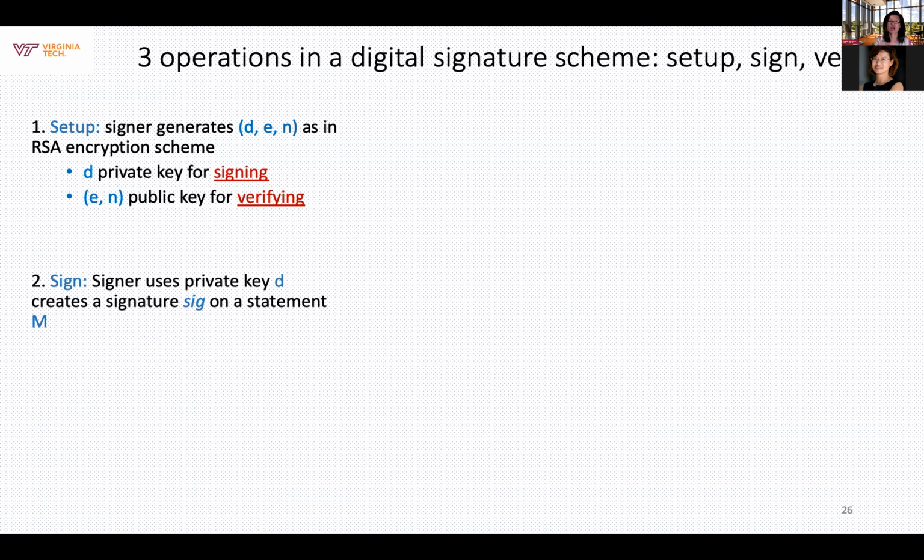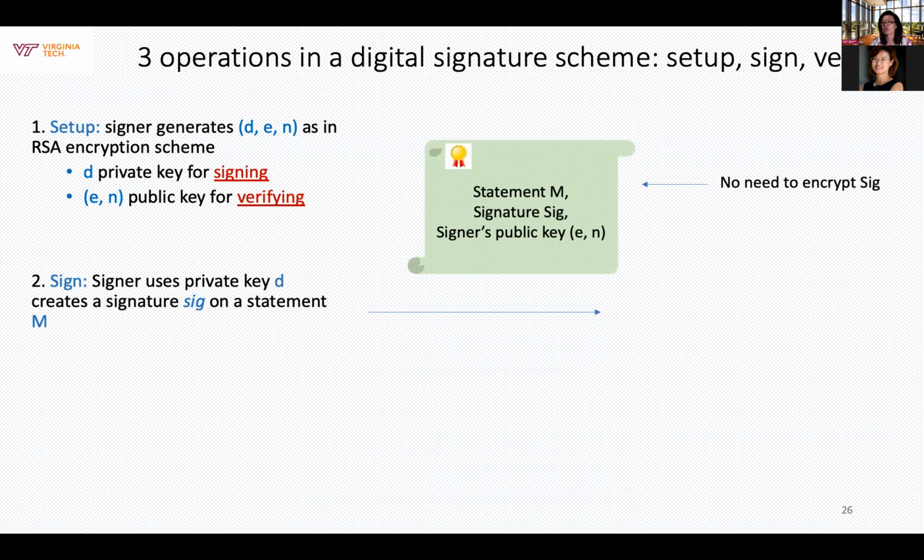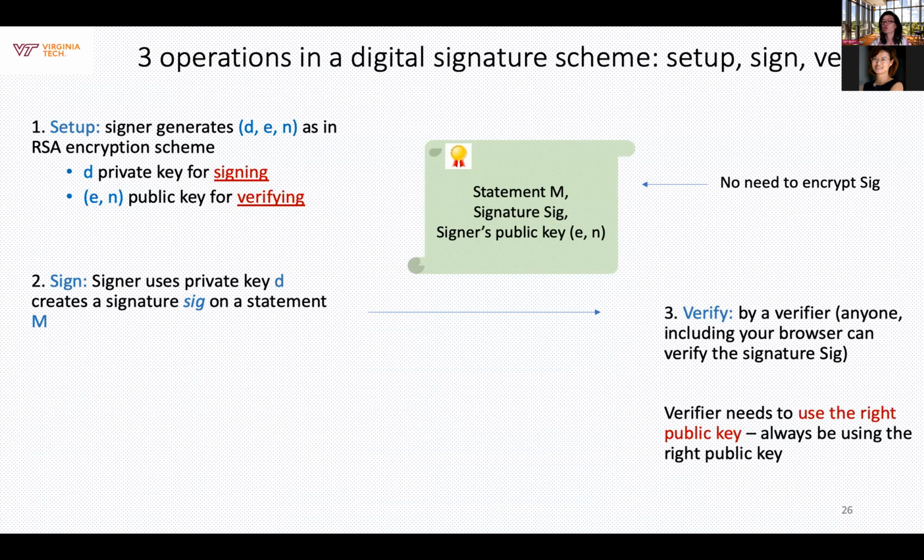At signing time, the signer uses the private key D to create a signature on a certain statement. The statement, together with the signature and the signer's public key, is sent over to the receiver, and the receiver will be able to verify the correctness of the signature, and therefore infer the statement's integrity.